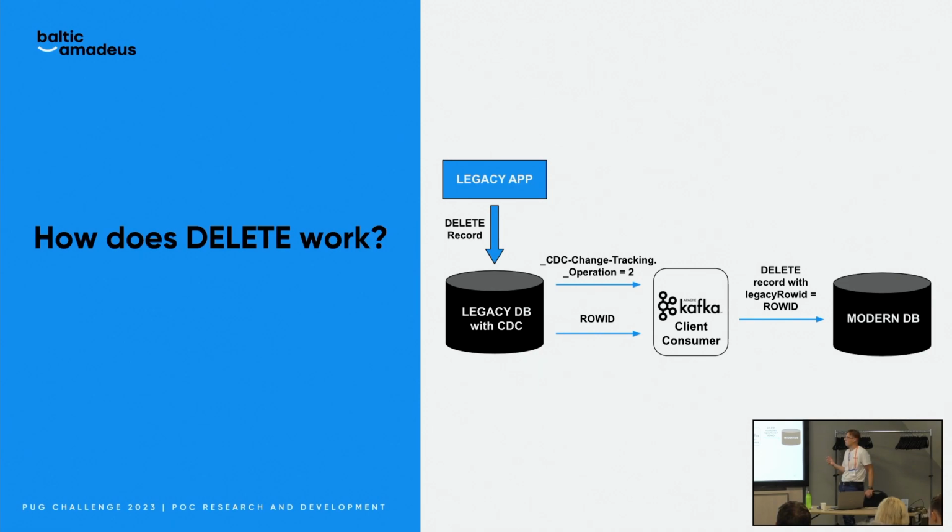We decided to use one more field in each of the database tables, which is called legacy row ID in the modern database, and modern row ID in the legacy database. This is really important, as shown right here.